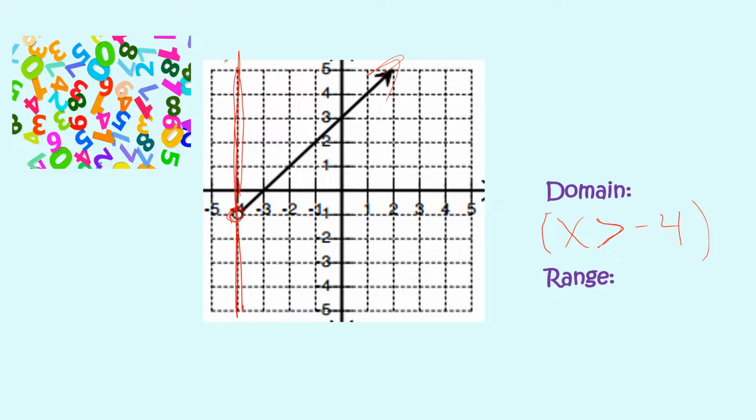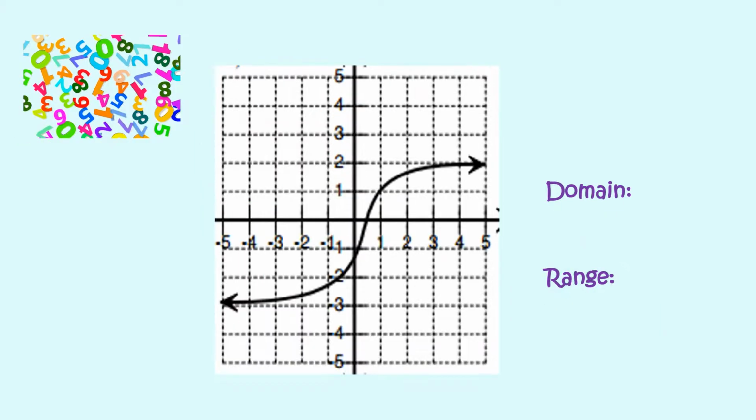Your range is talking about your y values. So I'm going to draw my line where it is on the y, where my graph is starting. Same thing, your y values, I have an open circle, are greater than -1 where it is on your graph. Okay, this one looks a little funky. So your x values, as you notice we have arrows this time on both ends of your graph.